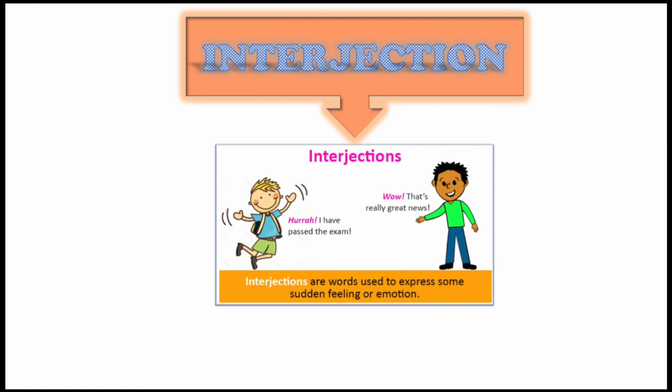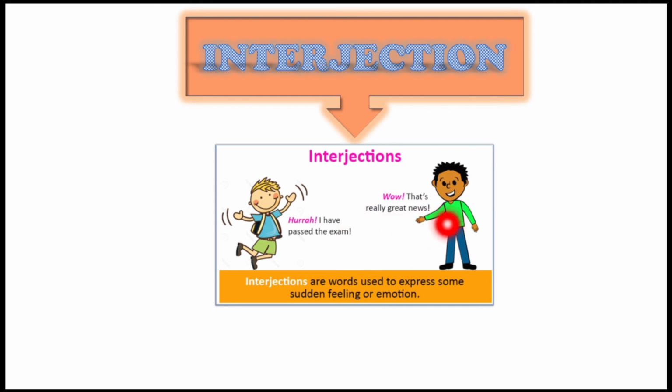For example, "Hurray, I have passed the exam." If you pass an exam or win first prize in a competition, you say "Hurray." This is the sudden feelings or emotions that come out from you. So this is called an interjection.